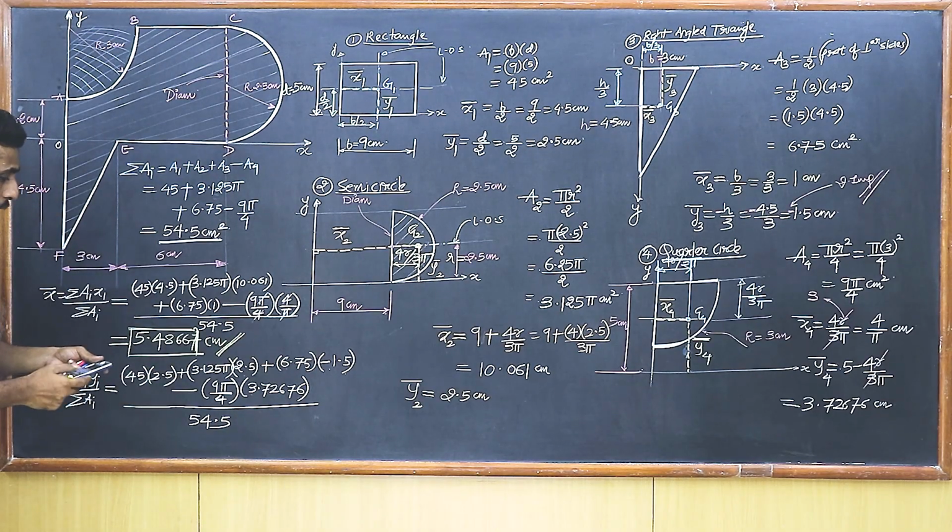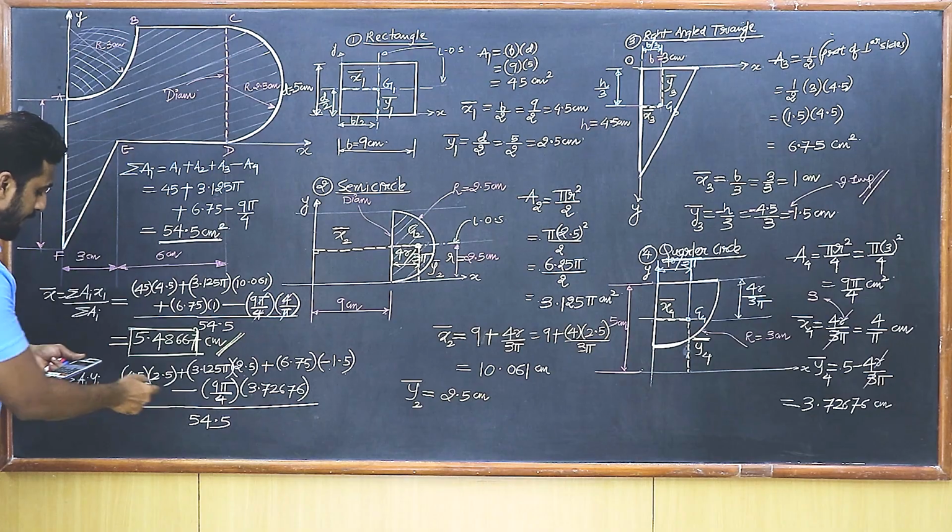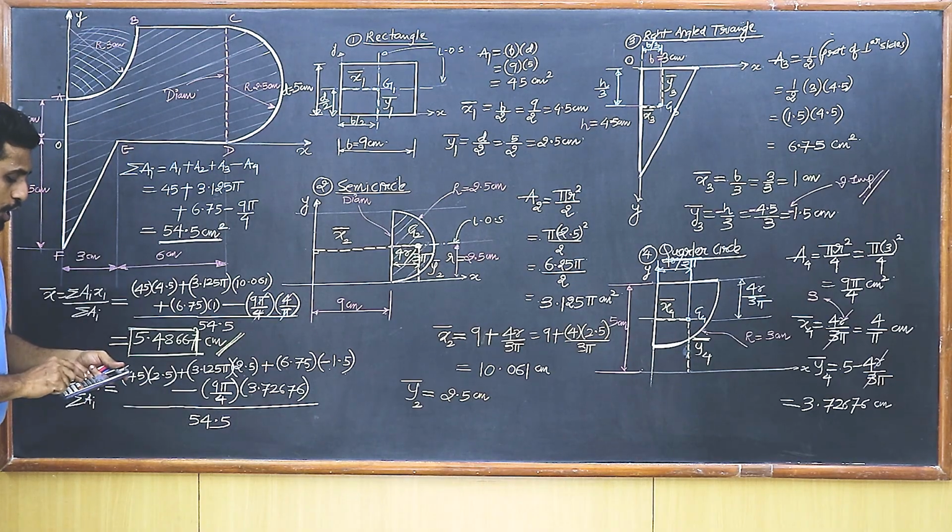So that's 45 into 2.5, then plus 3.125 pi multiplies with 2.5, isn't it? Then a negative sign is going to come. You have to be very careful. Minus, you get 6.75 into 1.5, and finally minus of, you have 9 pi gets multiplied with 3.72676 gets divided by 4.